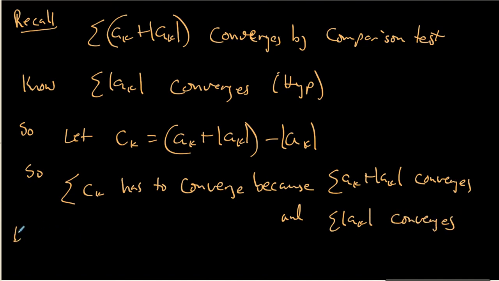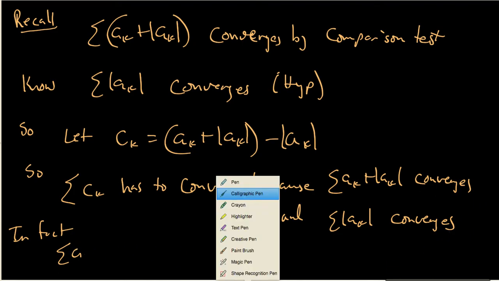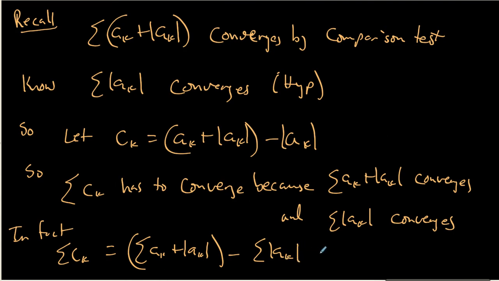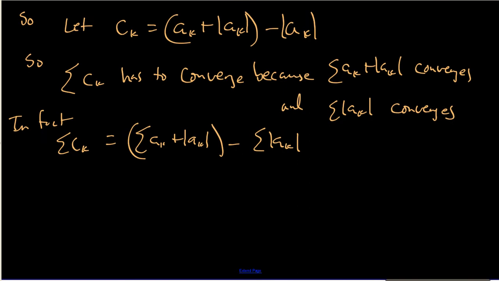In fact, what we actually know is that the series of CKs is going to converge to whatever this series converges to minus whatever this series converges to. So we know that the series of CKs converges.